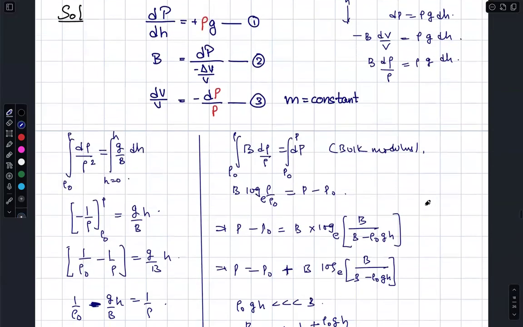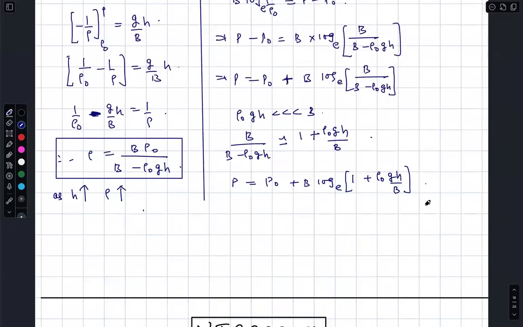I'll explain. Sometimes what will happen is the log expansion. Log 1 plus x expansion, when x is very, very small, you already know this logarithm expansion. What terms will you get?